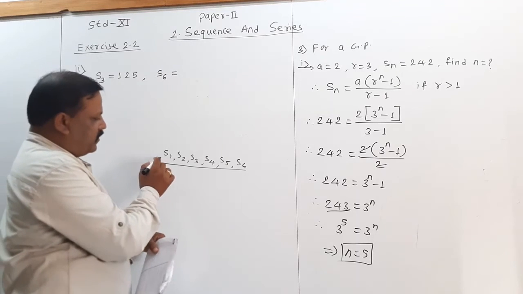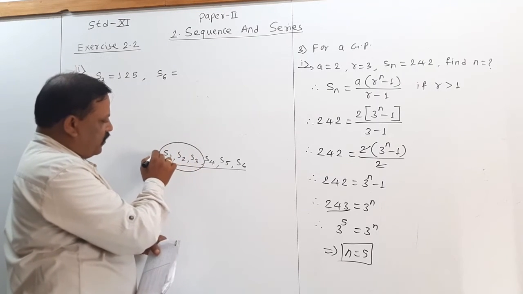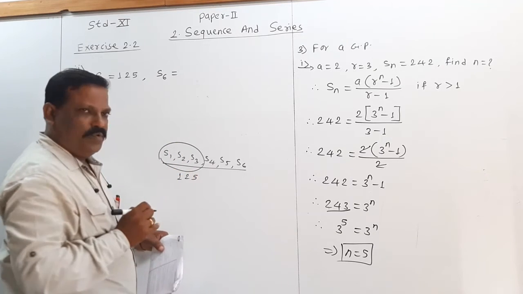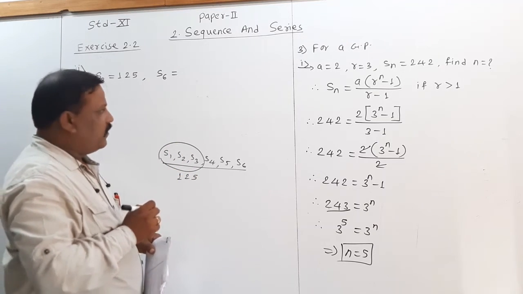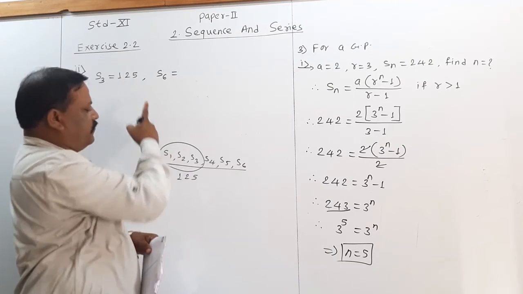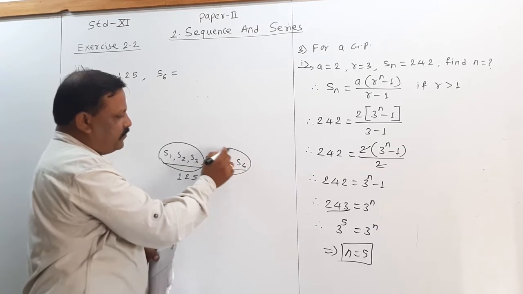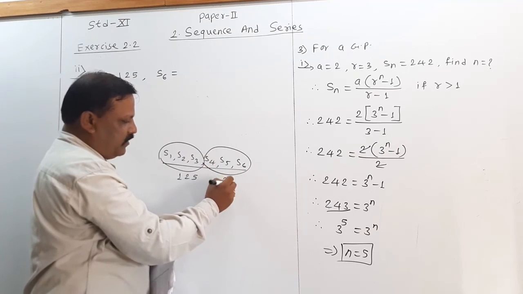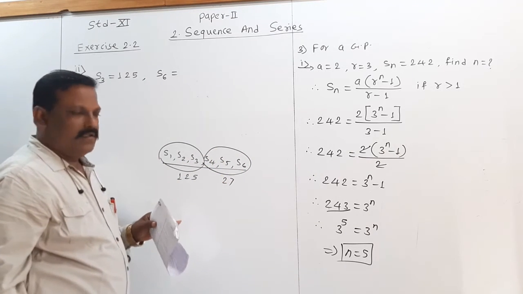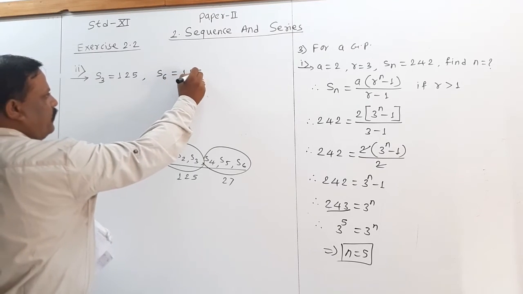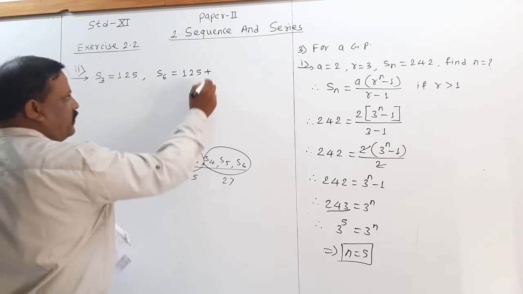म्हणजे फर्स्ट थ्री टर्म्स जे आहेत त्यांचे ऍडिशन किती आहे 125. इथं थोडंसं कन्फ्युज होऊ शकतं. फर्स्ट थ्री टर्मचे ऍडिशन 125 आणि नेक्स्ट थ्री टर्म्स जे आहेत त्यांची ऍडिशन किती आहे 27. टोटल किती होतील 125 प्लस 27.